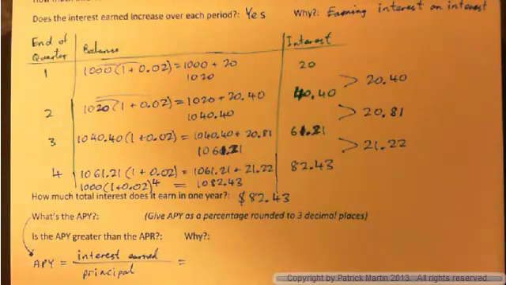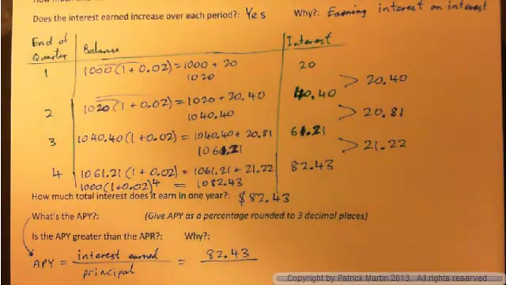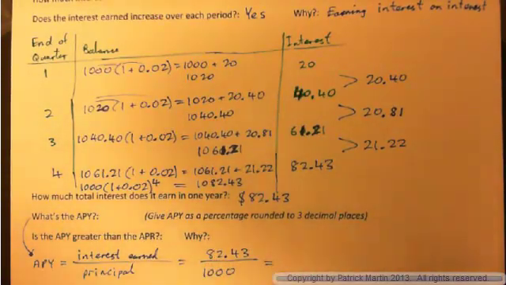So how much interest did we earn? We earned $82.43, and the principal at the start of the year was $1,000, right? Plug that in a calculator, and what do you get? 0.08243, and write that as a percentage to 3 decimal places.